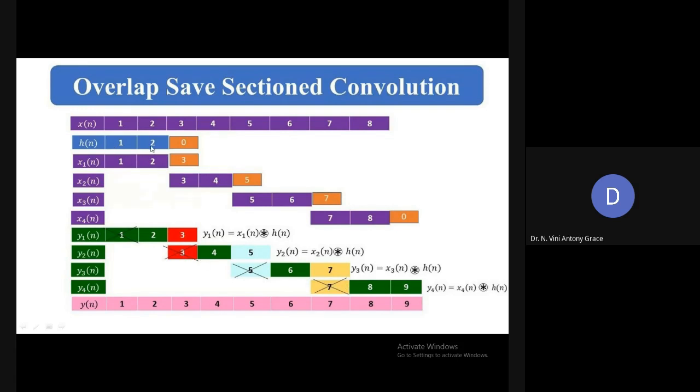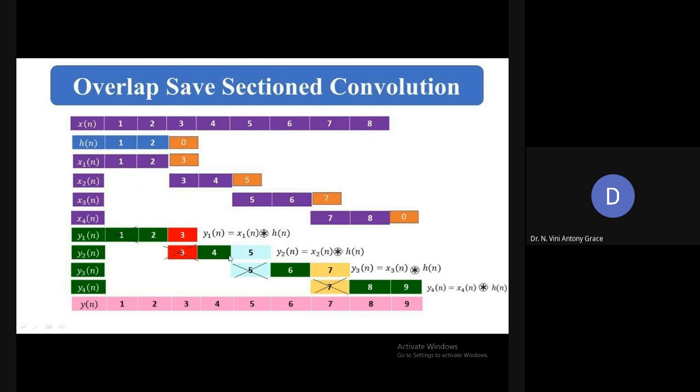Since n2 is 2, one sample is overlapped here. Now, as per the procedure, you have to discard the first n2 minus 1 samples in each sectioned output. What does that mean? n2 minus 1 is 1 here. So for each section, you discard the first sample. This will be discarded. Write the rest.